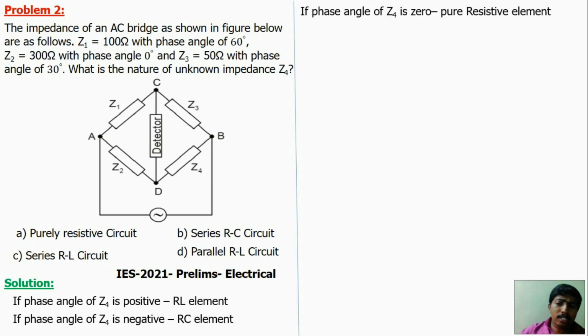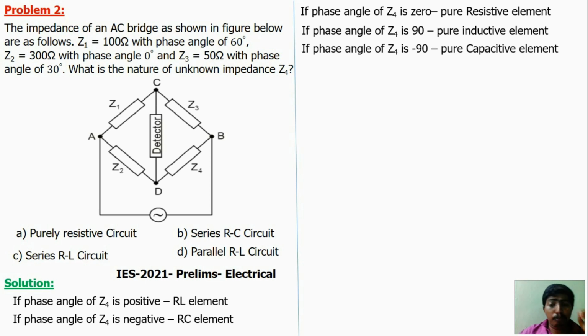If the phase angle is 0, it is a purely resistive element. If the phase angle is exactly 90, it is a pure inductive element. If the phase angle is exactly minus 90, the element will be a pure capacitive element. So if you find the phase angle, we can judge which element is here.